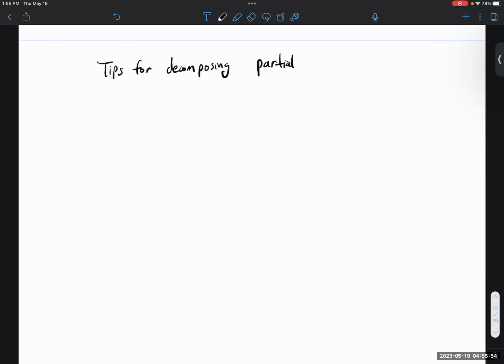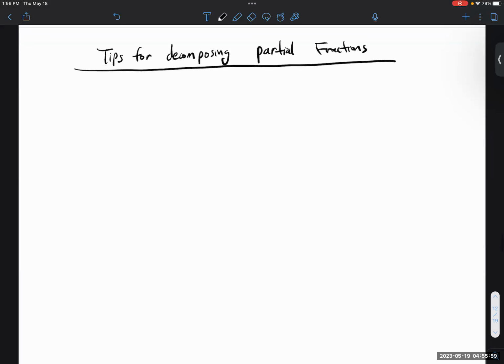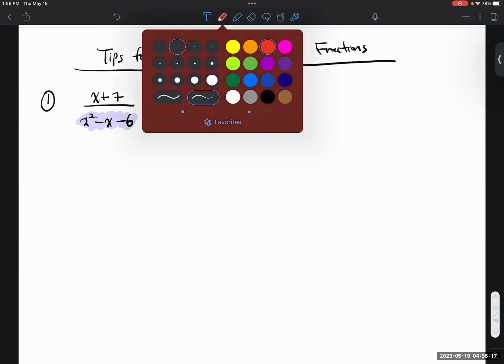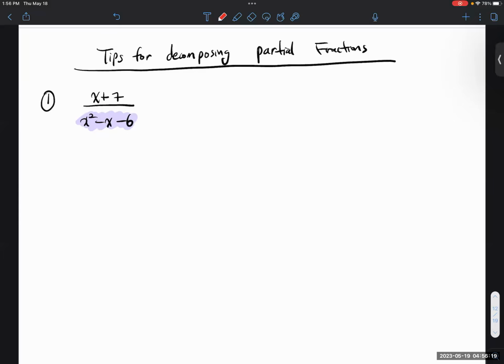Very important slide. I'm going to write tips for decomposing partial fractions. We have 3 cases. Let's say this is the example. When you look at the denominator, you simply have 2 binomial factors: x minus 3 times x plus 2.